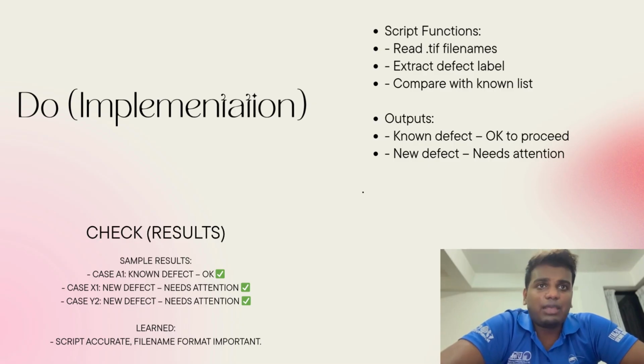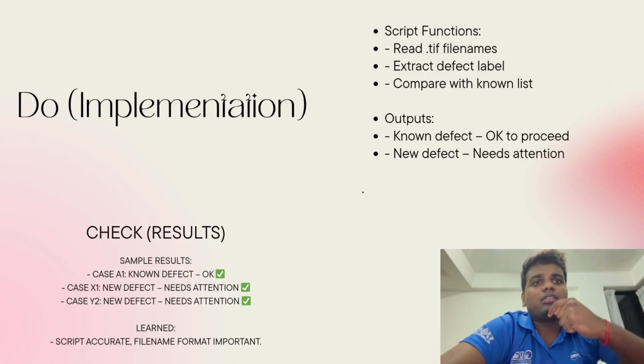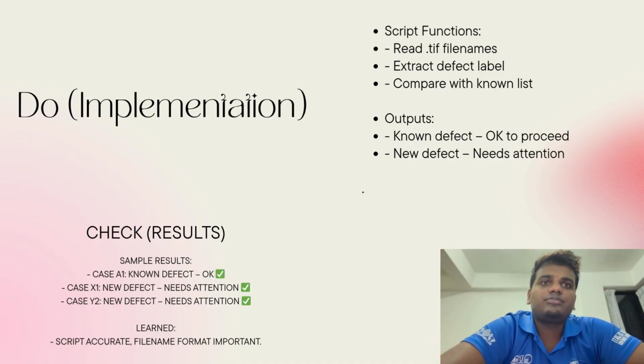If it finds the label in the list, it will print known defect, okay to proceed. If it doesn't find it, it prints new defect, needs attention. I tested the script with 10 raw images and it worked nicely, as you can see.